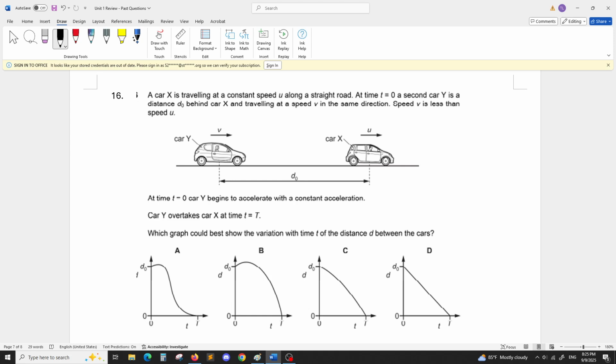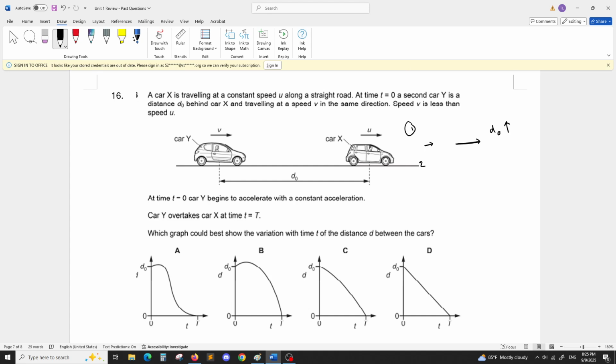Okay, so we can kind of try and break it up into two pieces. So let's say initially, right, our little Y car is traveling at a speed less than X. So momentarily, our distance is actually increasing, because if the person in front of you is going faster, obviously they're going to be farther away.